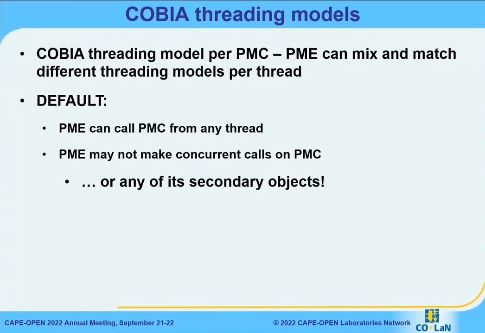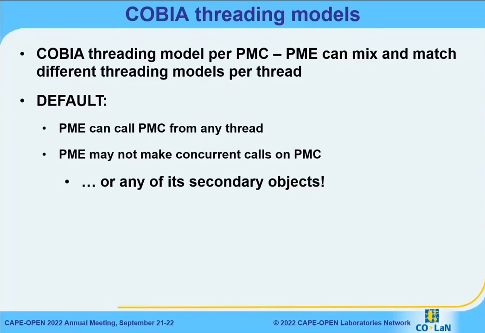The default COBIA threading model does not. The PME must assure that it's not making two calls at the same time to the PMC. And in doing so, we've simplified severely the PMC authoring, because in the PMC you can safely assume that you will not get concurrent incoming calls on the same object or any of its secondary objects.